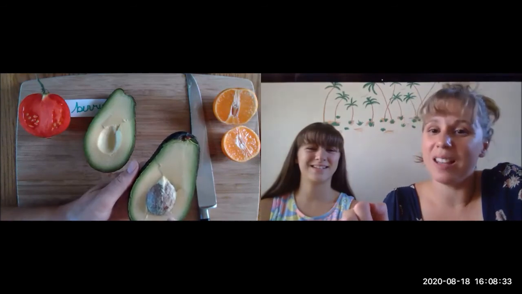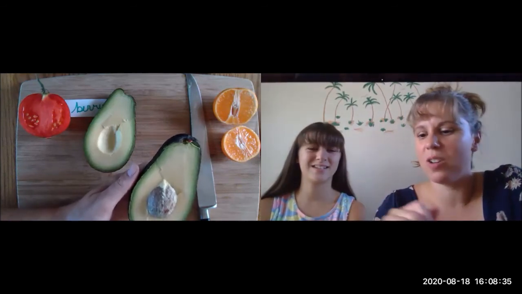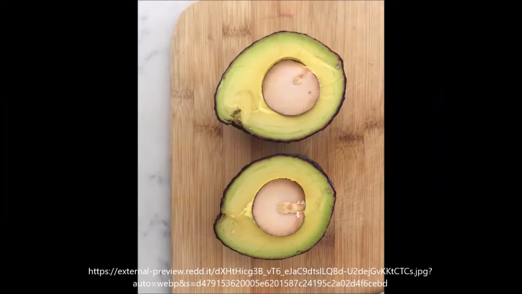So we can't really cut that pit open. Maybe I can find a picture of a cut open avocado pit. An avocado is a berry. Ta-da! That was my magic trick for the day.